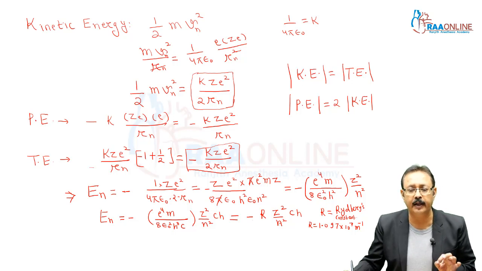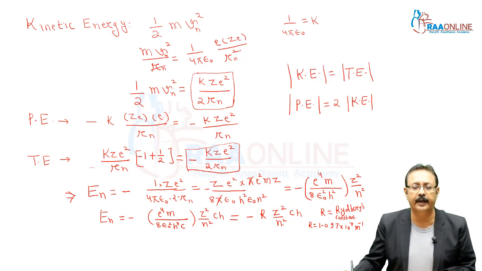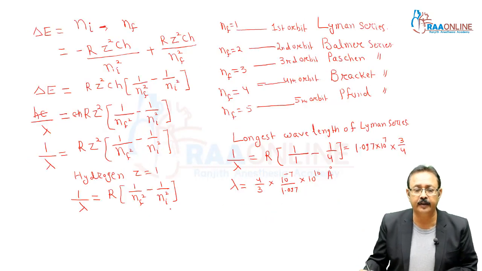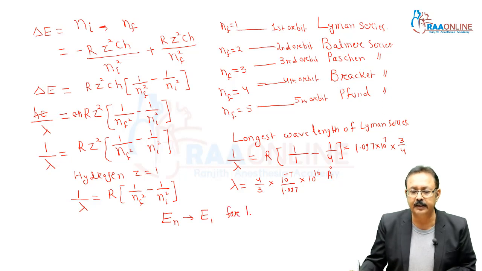If we put n equal to 1, we know the values of R and CH, and we can easily calculate E1 for the hydrogen atom.